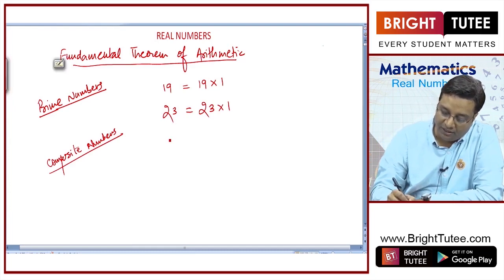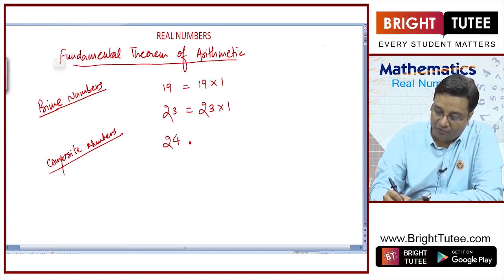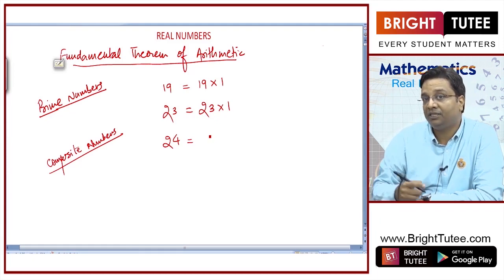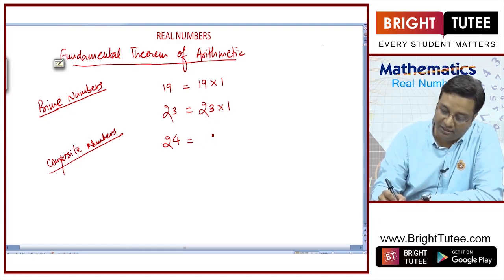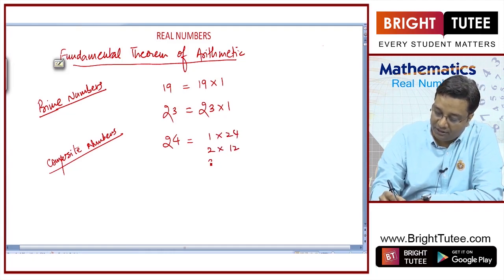For example, let us take 24. What are the factors of 24? Let us write 24 in terms of factor pairs: 1 into 24, 2 into 12, 3 into 8, 4 into 6.